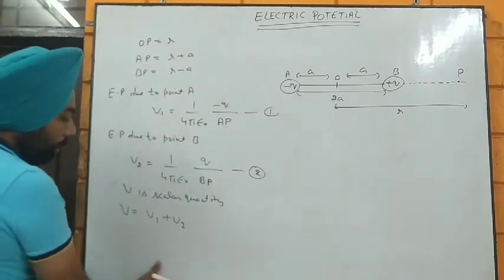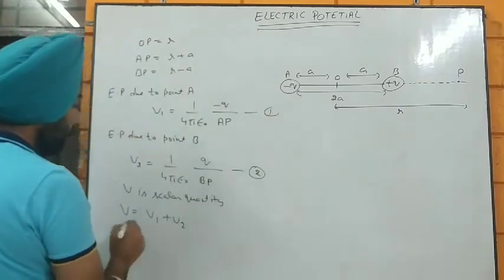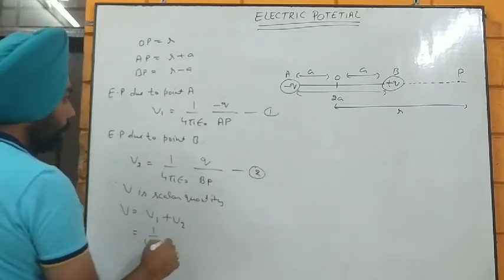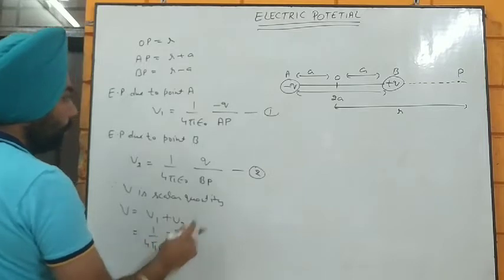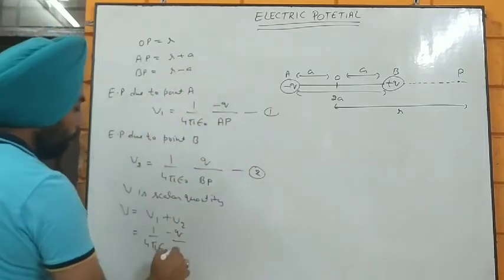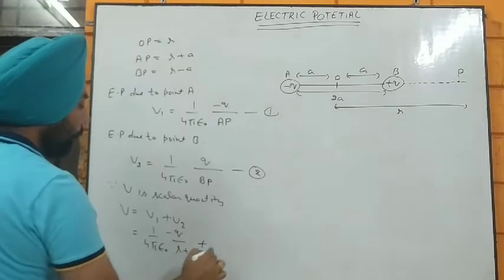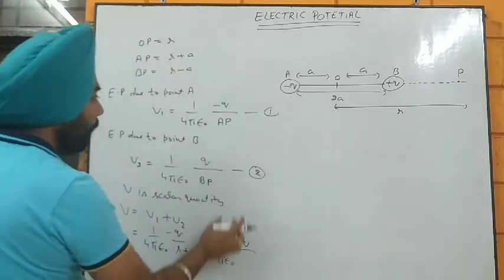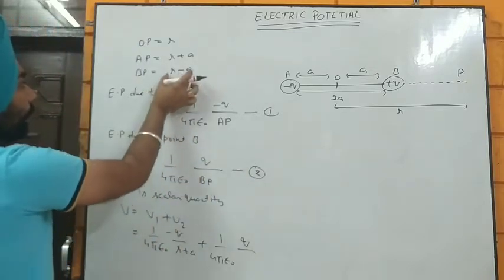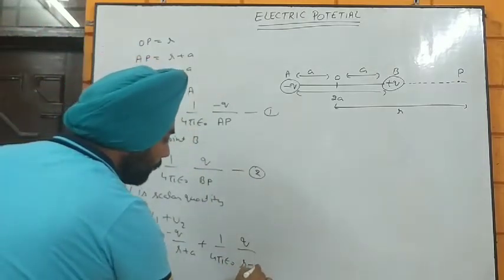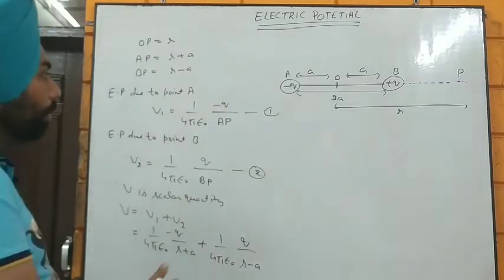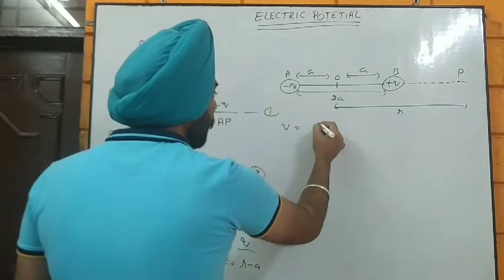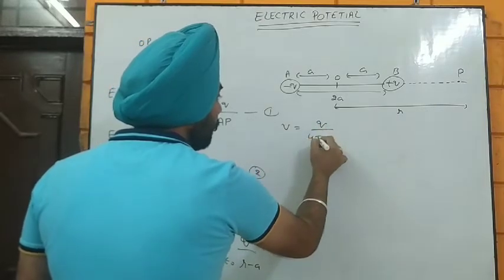Now just putting those values here. What is the value of V1? That is 1 over 4 pi epsilon naught, minus Q, over AP, which is R plus A, plus 1 over 4 pi epsilon naught Q over BP, which is R minus A. Now we take the common terms, so you can take Q as well.